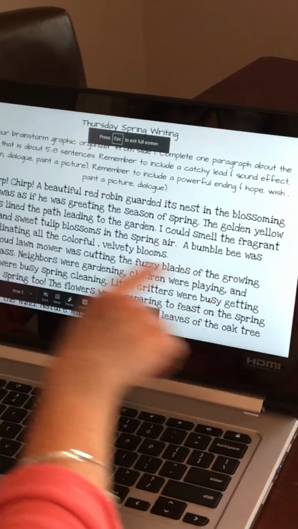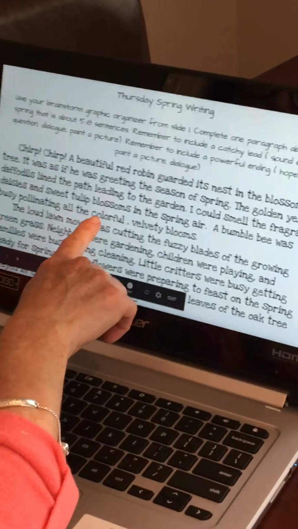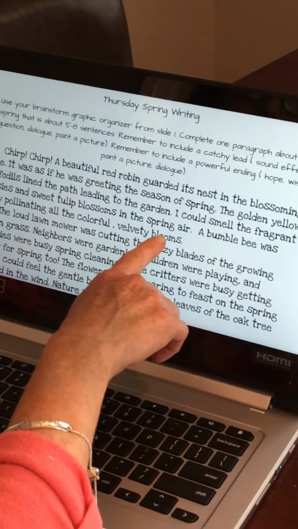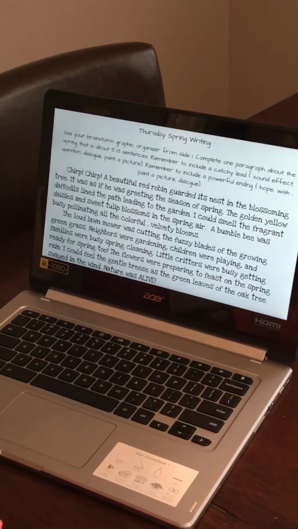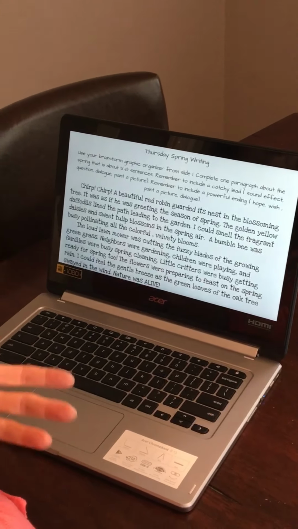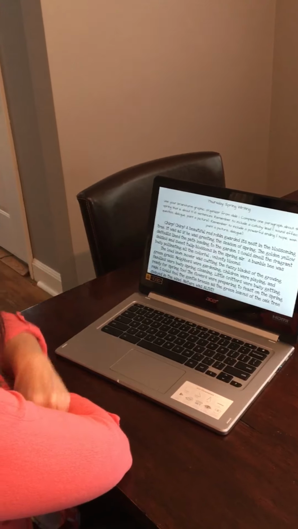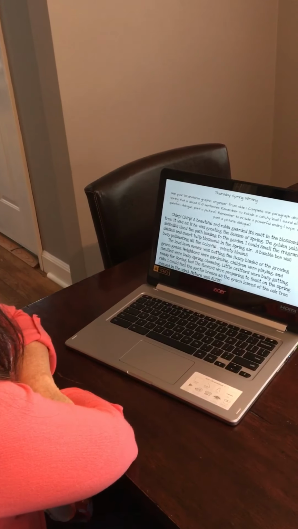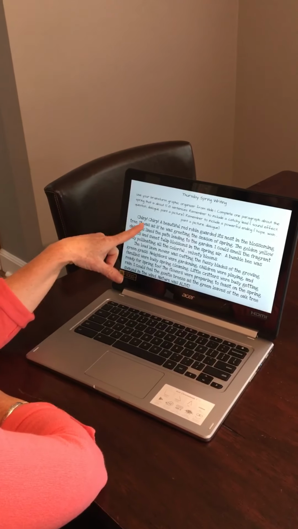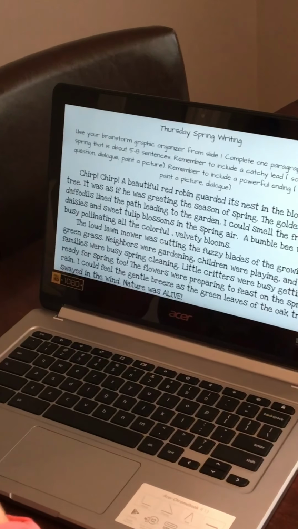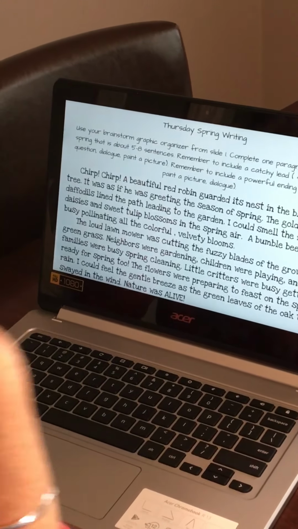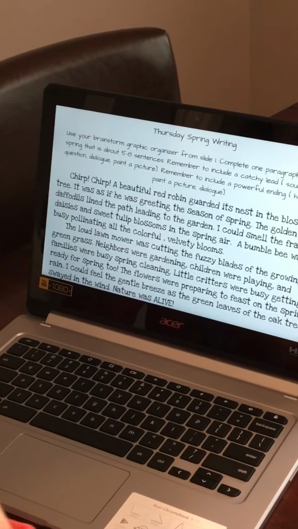A bumblebee was busy pollinating all the colorful velvety blooms. So I had that word velvety in there, and I had the bumblebees as well. Now, I'm looking at that paragraph, and I have about 5 sentences, and I'm talking mostly about the smell of the flowers and the sounds.